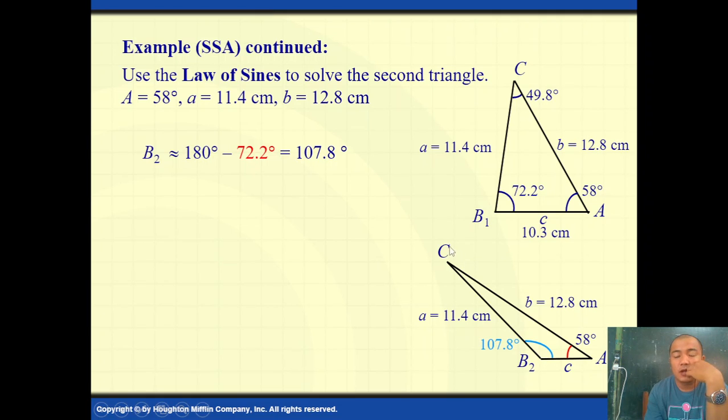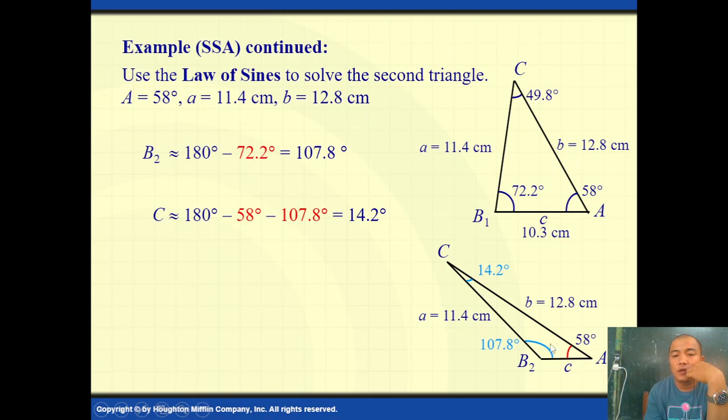So that means it becomes another triangle, which is an obtuse triangle because it has an obtuse angle, 107.8 degrees. If B sub 2 is 107.8 degrees and angle A is 58 degrees, then we can solve for angle C. 180 minus 107.8 minus 58 degrees, so 14.2 degrees is angle C.